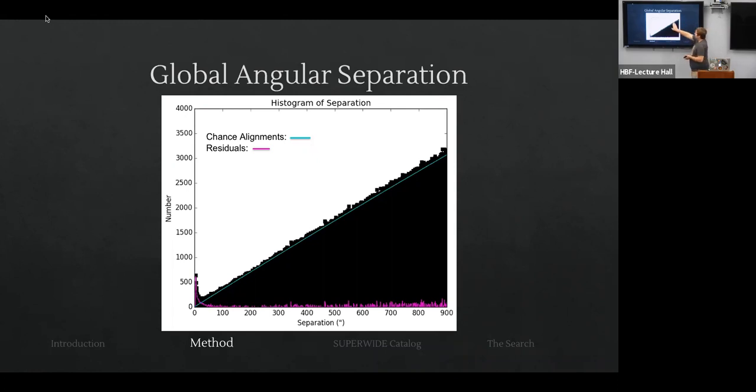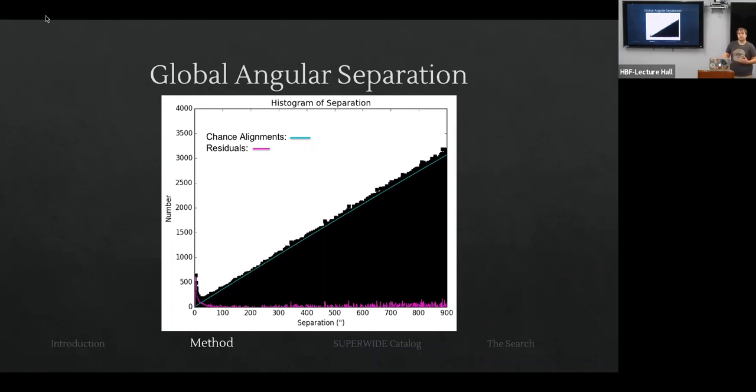This linear rise right here represents chance alignments. And then in this corner down here, you have this little peak, and that represents the real pair distribution. In order to do these probabilities, we need to get a model for the chance alignment and a model for the real pair.